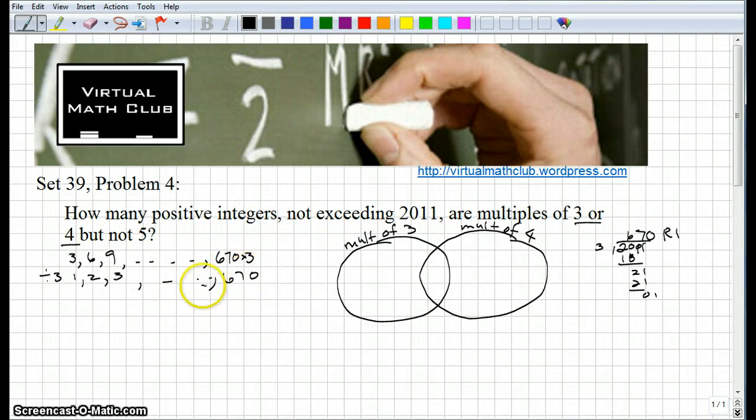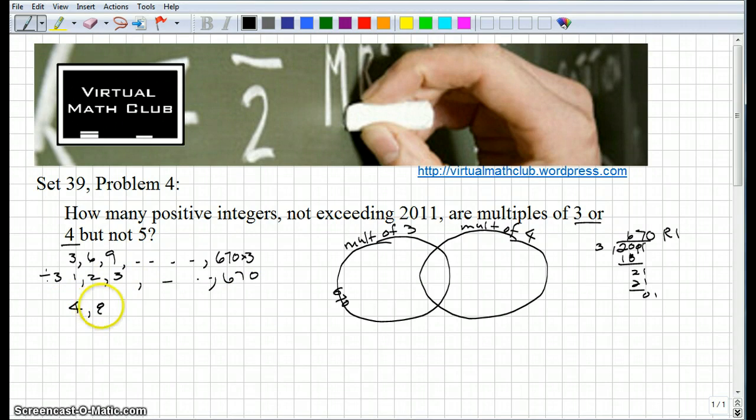So there are 670 positive integers less than or equal to 2011 that are in this set. Some of them are also multiples of 4, but I'm not going to worry about that right now. So there are 670. I'm going to write it on the line because that tells me that's the whole set, including the intersection.